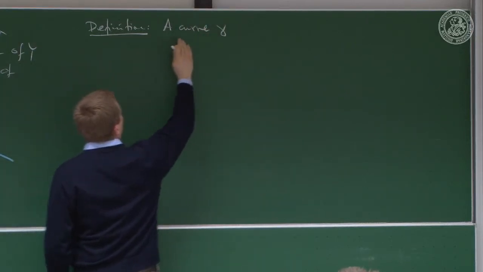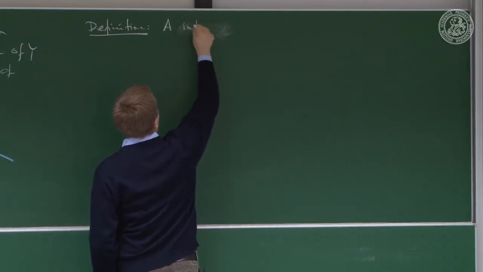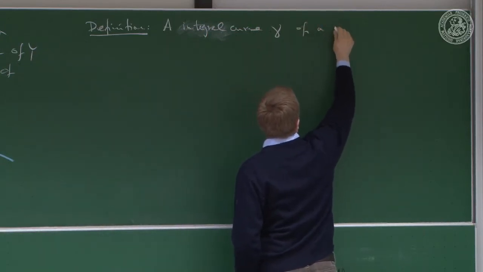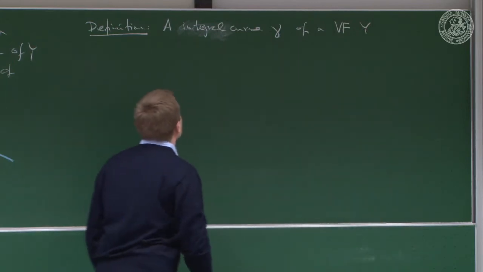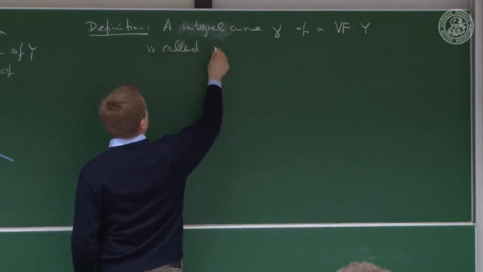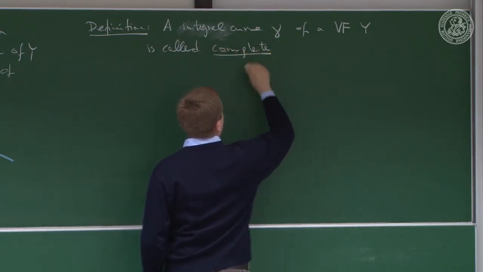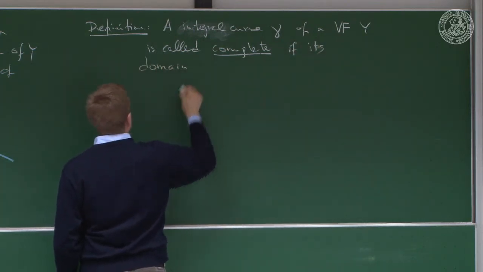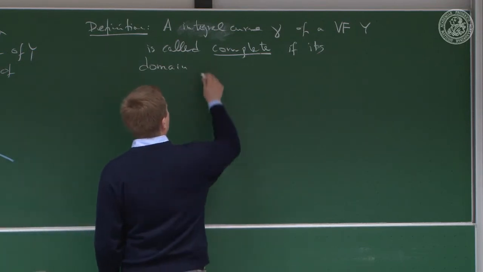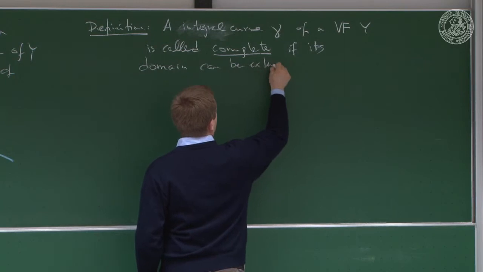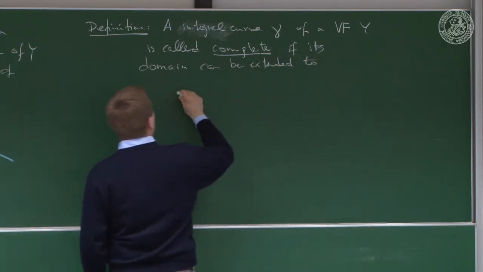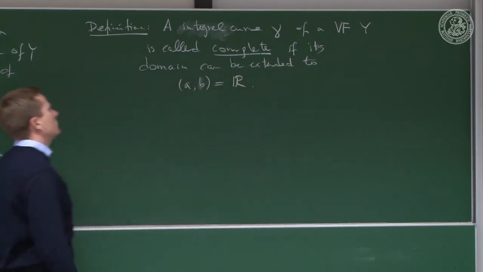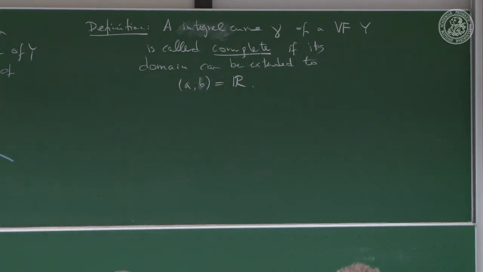An integral curve gamma of a vector field Y is called complete if its domain, so that's what I called the parameter range before, can be extended to all of R, so (A,B), well, to all of R. It's complete.